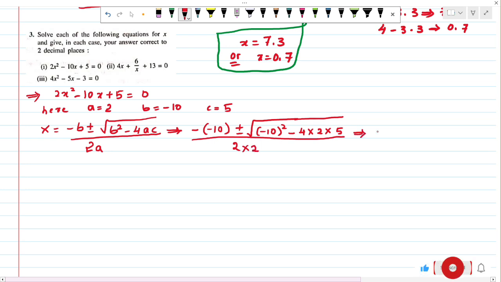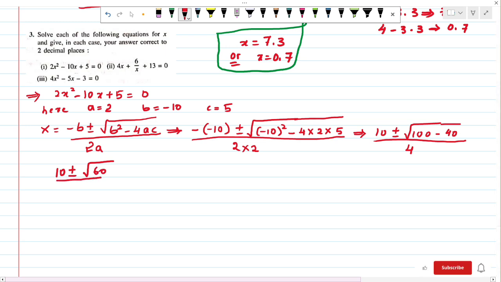So if I simplify this, I'll get 10 plus or minus root of 100 minus 40. 40, right? Yes, 4 2s are 8, 8 5s are 40, divided by 4. So I'll get 10 plus or minus root of 60 divided by 4.